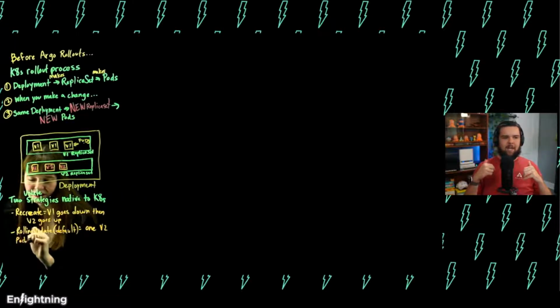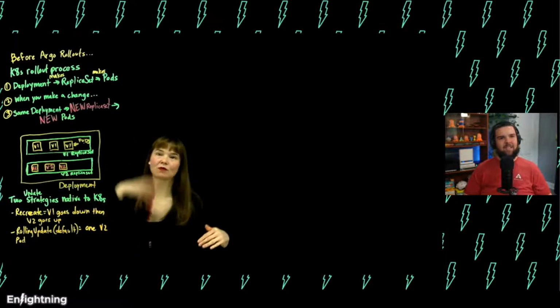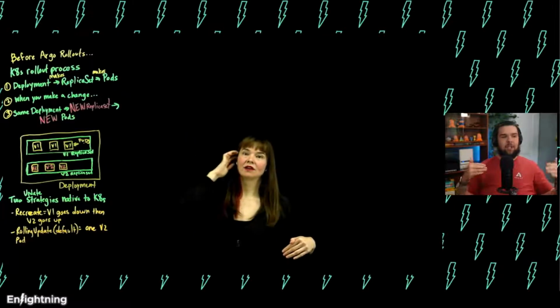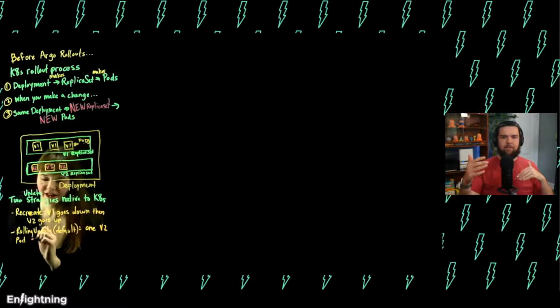With rolling update, you can say, I want to bring up 25% new pods before tearing down 25% of the old pods. So it's not even necessarily one to one, one goes down, one comes up. You could change your max unavailable to be different from your max surge. Surge is how many extra you're willing to have, and unavailable is how many you're willing to live without.